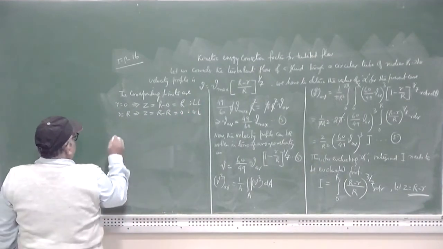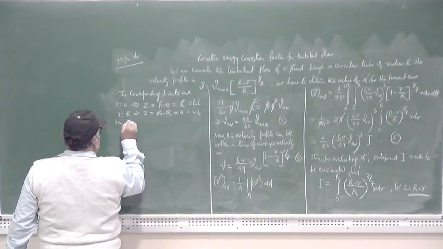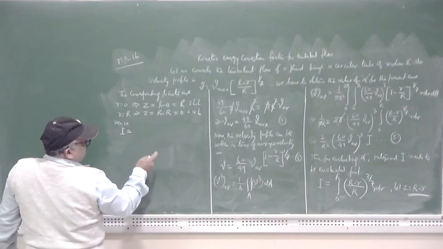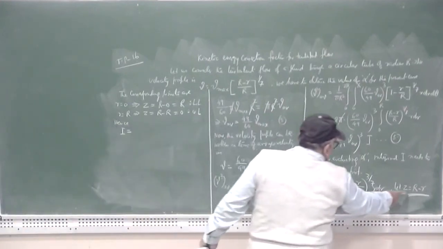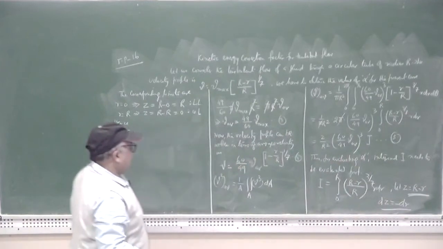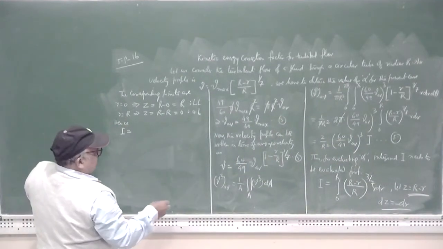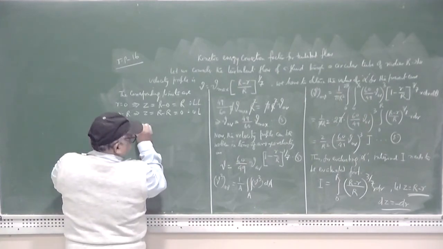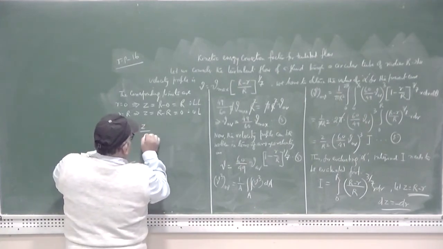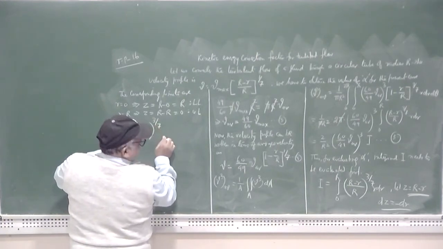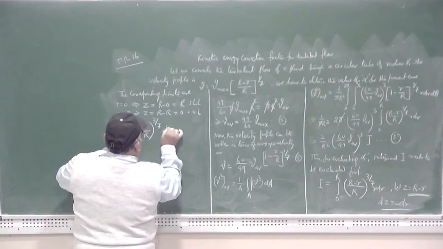So, I, hence I is equal to, and also z is equal to R minus r. So, dz is equal to minus dr, that is dr is equal to minus dz. So, I is equal to z divided by R raised to the power 3 by 7 and dr is equal to minus dz.